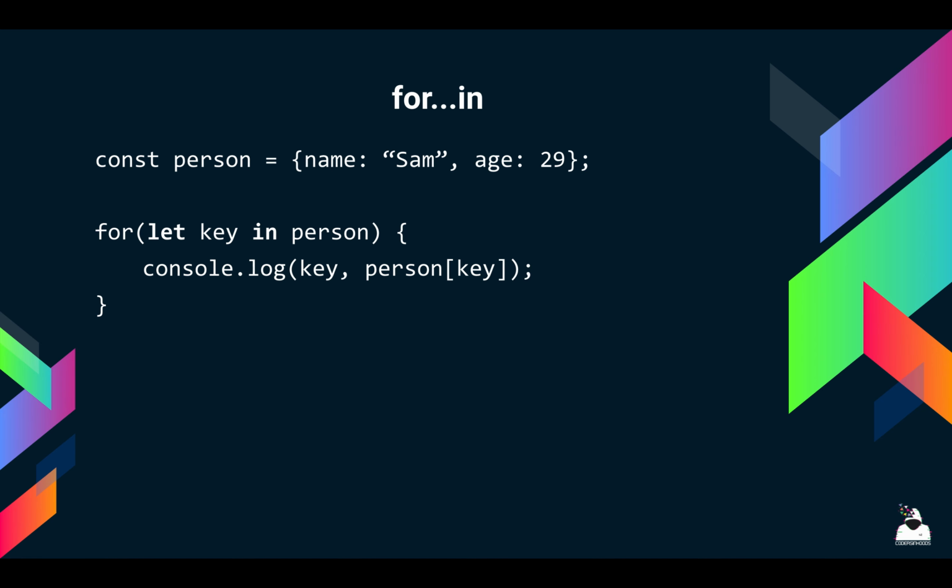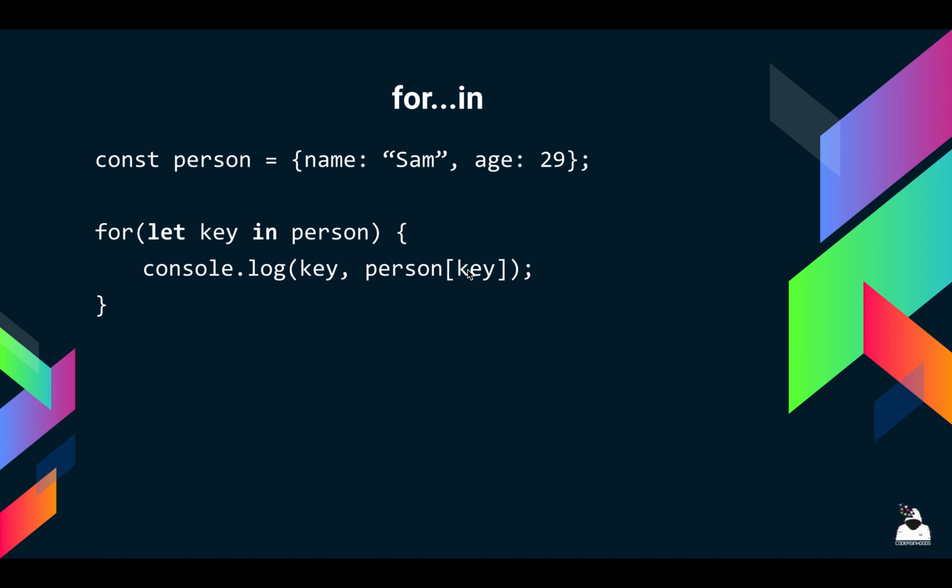So we have an object here with 2 keys: name and age. So for key in person, for every key in this object, give me access to it in this variable called key, and therefore I can log out the key and then the value using our square brackets.